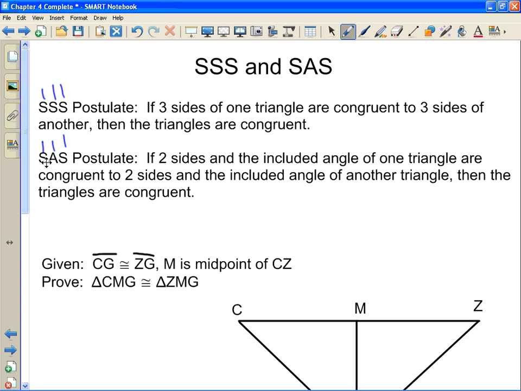So it's easy to see that the other option for this would be SSA, or if you went backwards with that, you'd spell an inappropriate word, and those don't work. If you're spelling out something vulgar, you're not proving anything. You can only do SSS or SAS for 2 sides. We'll talk about which ones work when you have 2 angles and a side later.